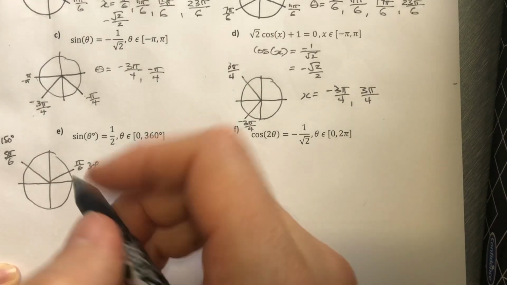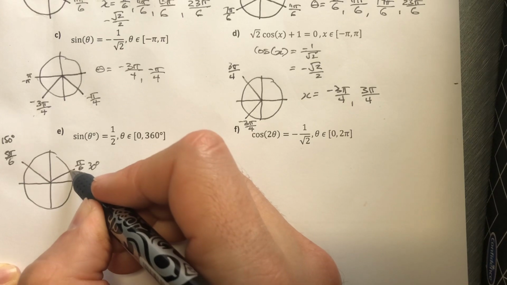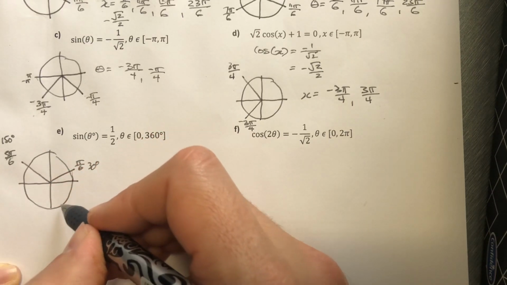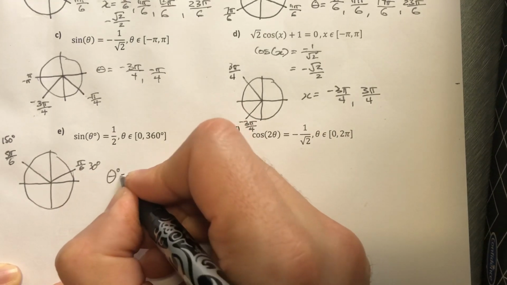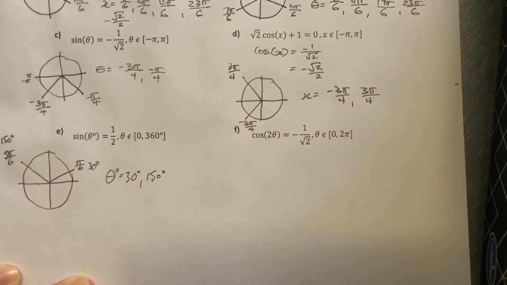There are two answers, because if we go from 0 and rotate around, there's one answer, there's our second answer, and if we keep going, there's only two that we get. So theta is 30 degrees and 150 degrees.